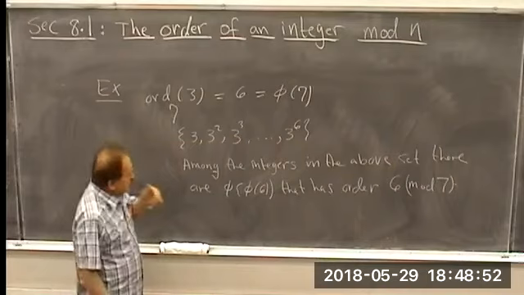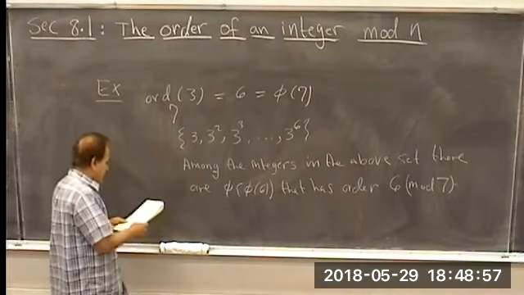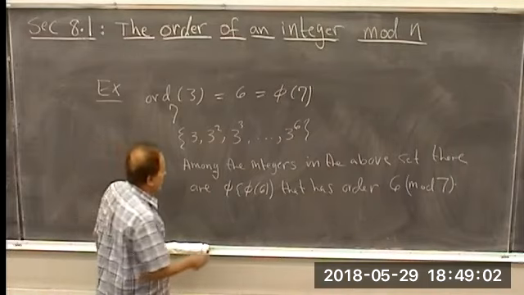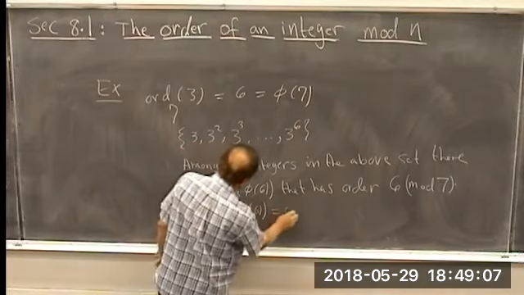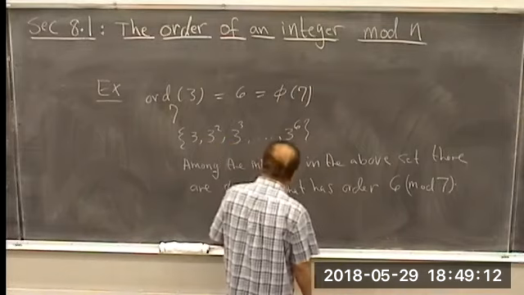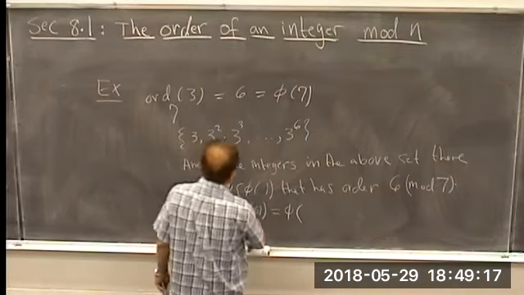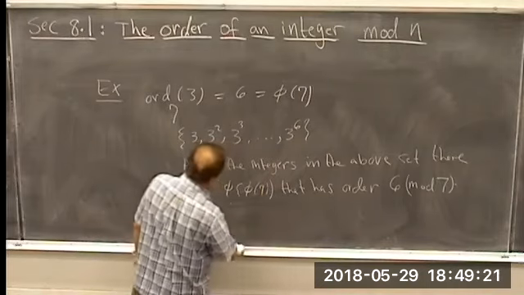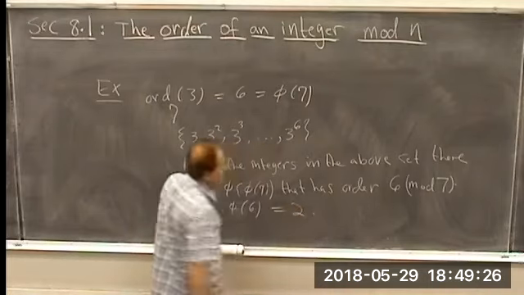Now it turns out that when you do the calculation, phi of 7 we know is equal to 6, and phi of 6 is equal to 2.